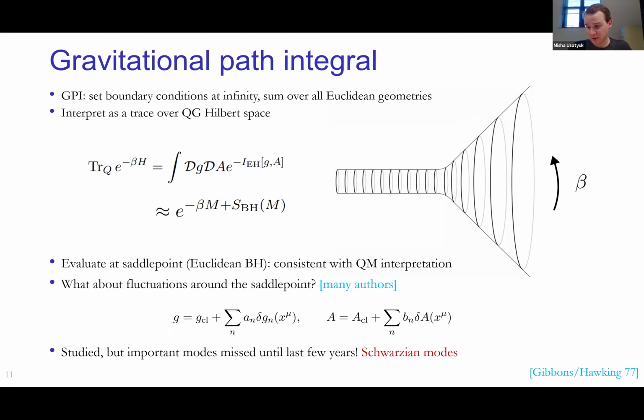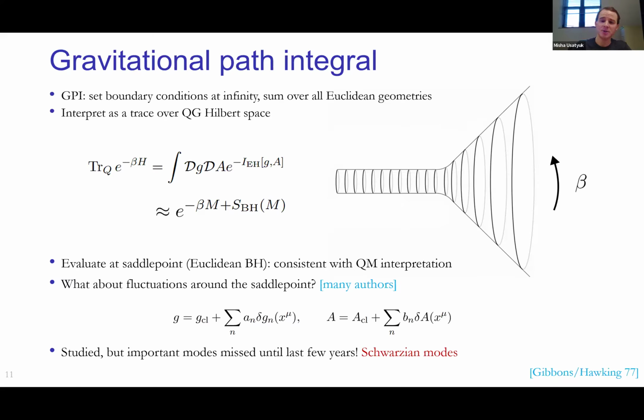So what are the rules for the gravitational path integral? Well, it's a Euclidean object where you take your Lorentzian theory, say GR coupled to the standard model, and you analytically continue it to a Euclidean theory. And what you do is you set Euclidean boundary conditions at infinity at flat space.